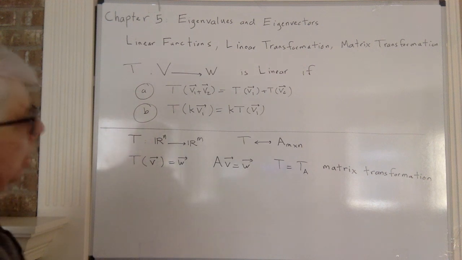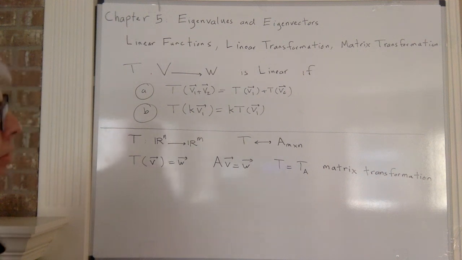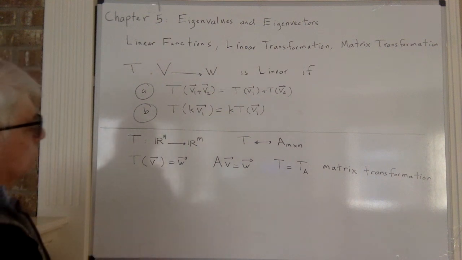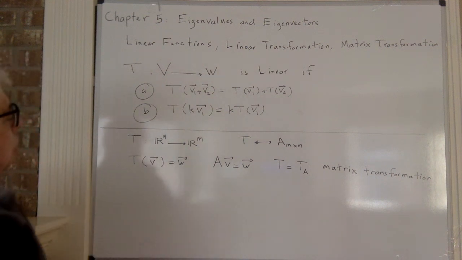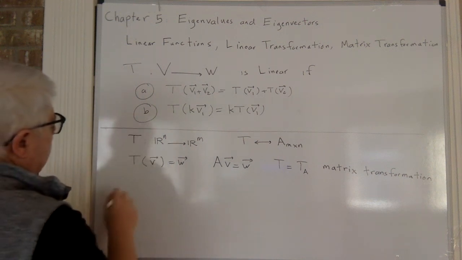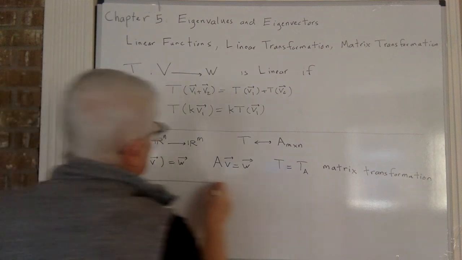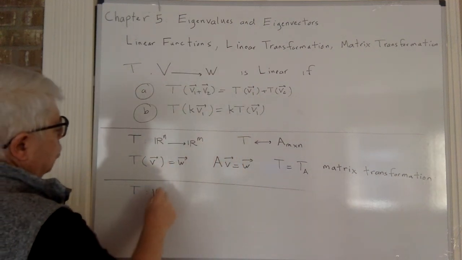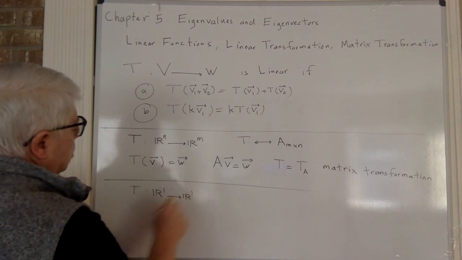So a matrix corresponds to that T, and it becomes a matrix transformation. So if we assume we know this thing, which is not hard to prove, then in fact we'll use these two to prove this fact.